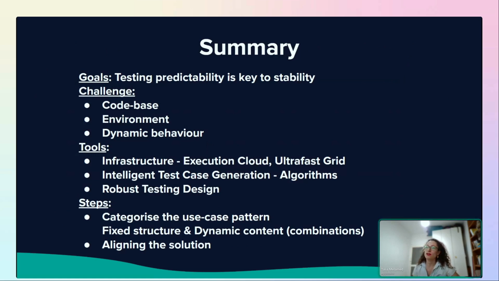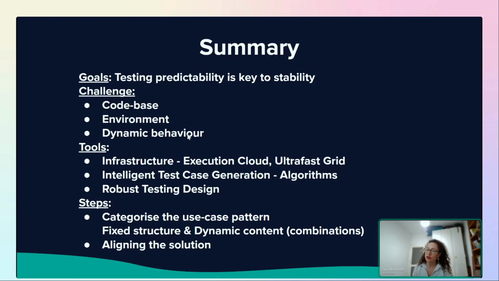All right, so to summarize, we covered the goal of creating a predictable and reliable and stable testing pipeline, and we covered the different challenges. We have factors in the code, in the environment, and also in the content that create an application that's very hard to maintain unless you have the right tools, techniques, and algorithms.